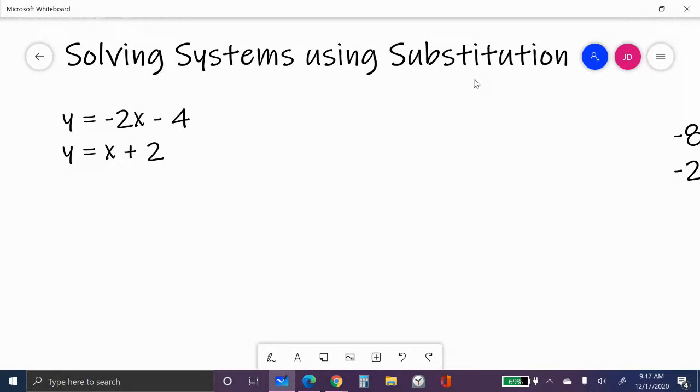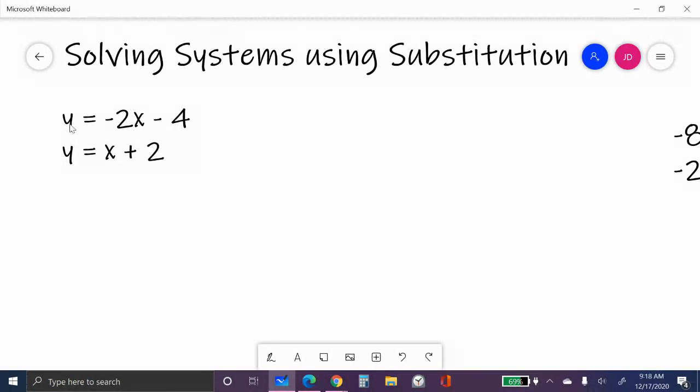All right, so let's take a look at the first system right here. Notice both of these are in slope-intercept form, which is a really good thing. So when we're looking at these problems, we're trying to see which variables are isolated. And in this problem, both of these variables are isolated. The y's are both isolated.